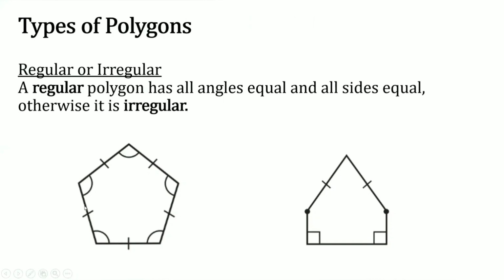In this figure, you can see all the sides of this pentagon are equal in measure and all the angles are also equal in measure. So this is a regular pentagon. And here these two sides are the same, but they are not equal to these two sides and even this opposite side. So it is an example of an irregular pentagon.